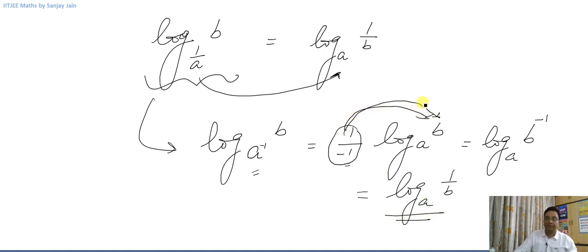Because we can, right? We just studied that we can take power of argument outside as it is. So we can take the number or constant written outside on the power of b also, right? So these are some of the usages of base change theorem, right? We will continue our discussion on logarithm in the next lecture.